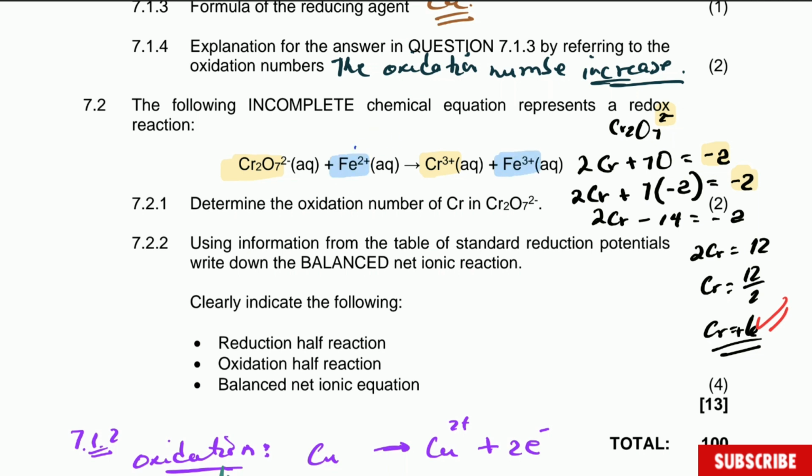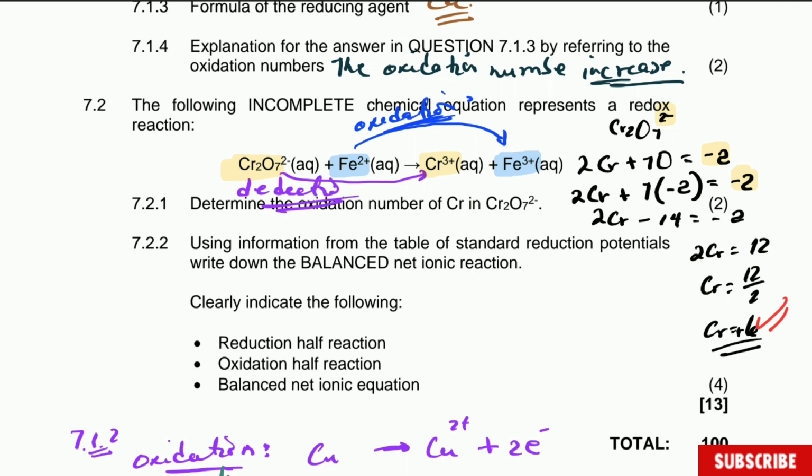In the case of iron, you can see that the oxidation number increased from 2 plus to 3 plus, and therefore it is oxidized. So this one is oxidation. Alright, so we know now which one is oxidation. And Cr, you can see that Cr has first positive 6, and then at the end has 3 plus, so it's reduction. So this one here is reduction.